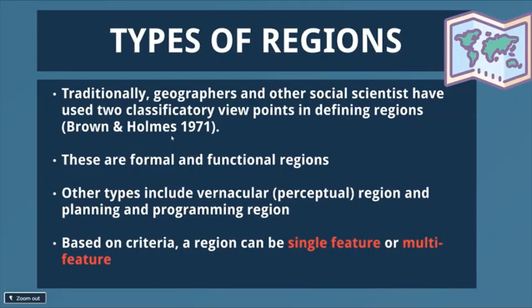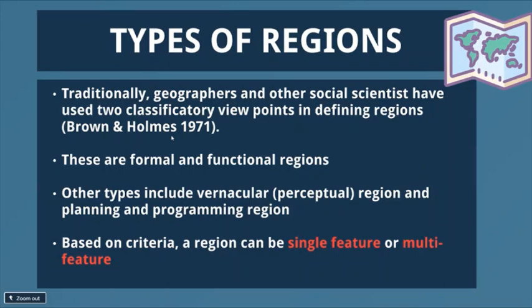So a region can also be classified based on the criteria used. It can be a single feature region. For example, if we classify a region based on the economic activity taking place, this is a fishing community, this is a fishing region, then it becomes a single feature region.